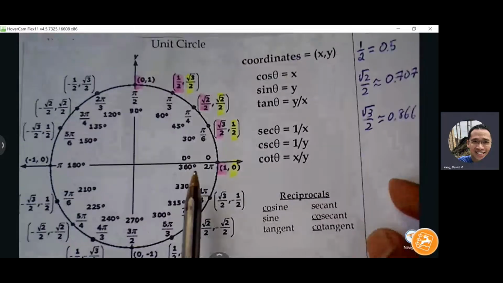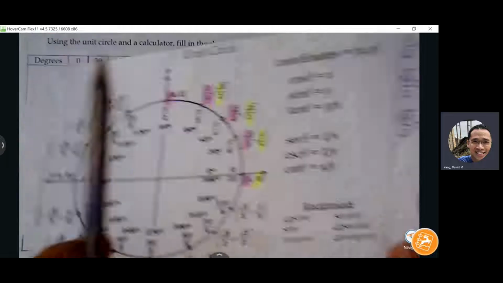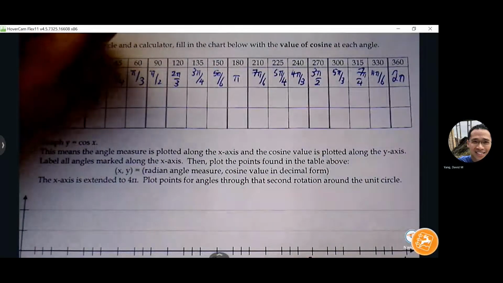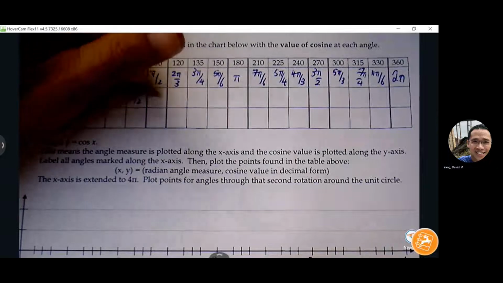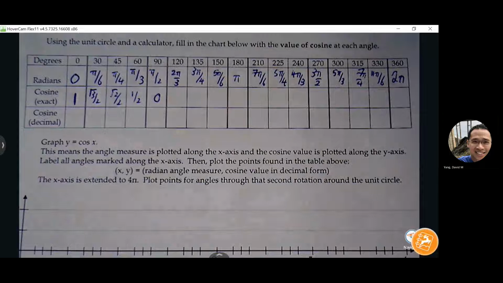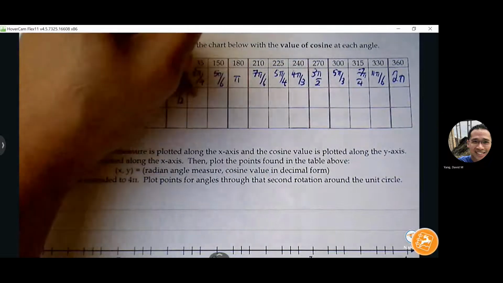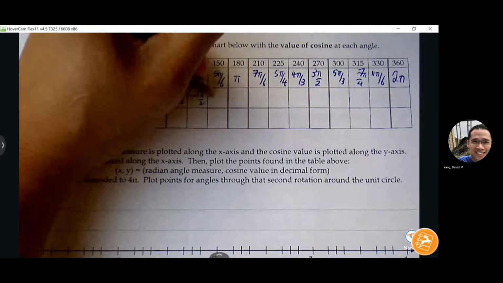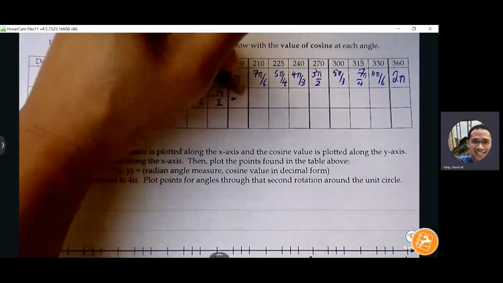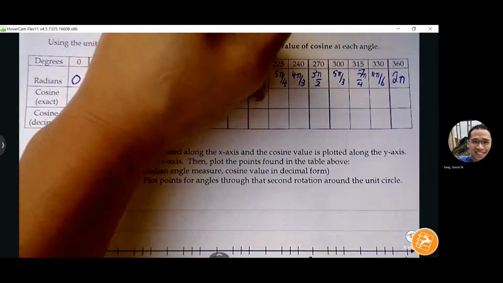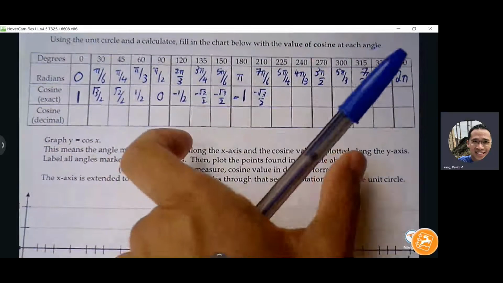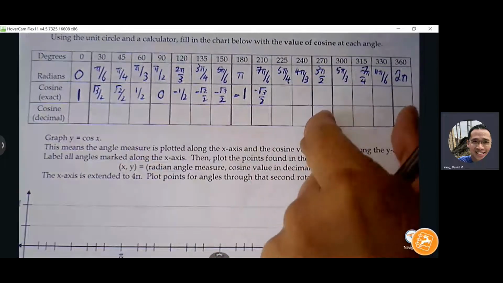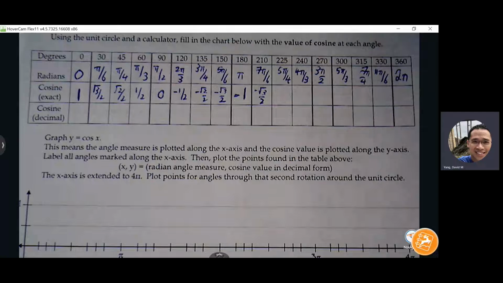Now cosine is going to start at 1, right? So 1, root 3 over 2, root 2 over 2, 1/2. Makes sense that once we get into that second and third quadrant, we're getting all these negative values, and cosine is not going to pop up to positive until the fourth quadrant.